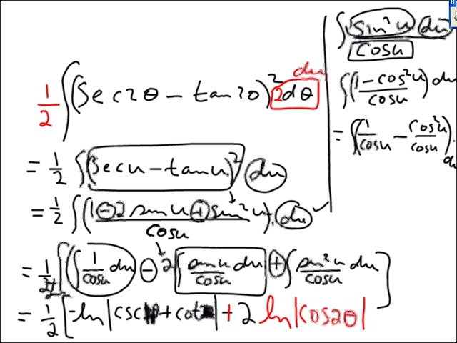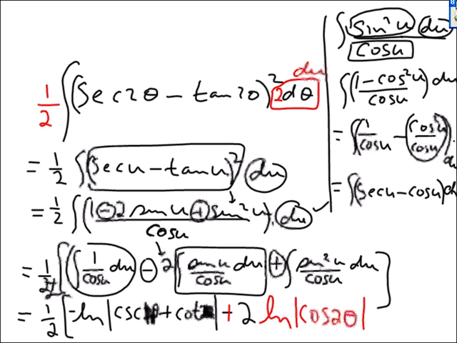1 over cosine u is secant of u, minus cosine squared u over cosine u, which is just cosine u.